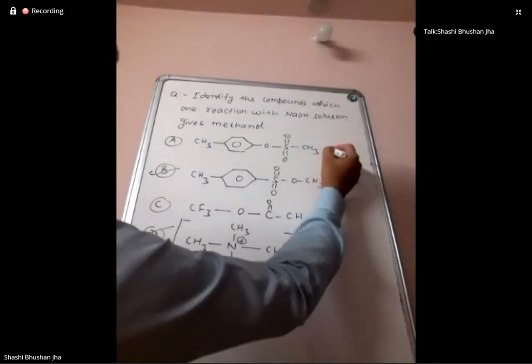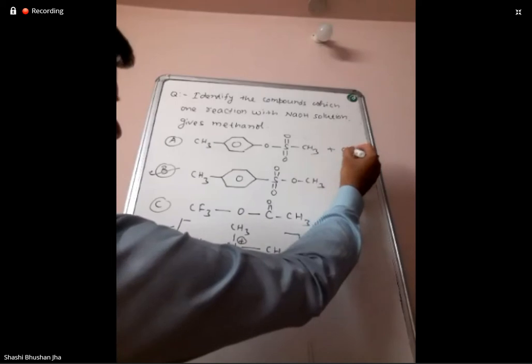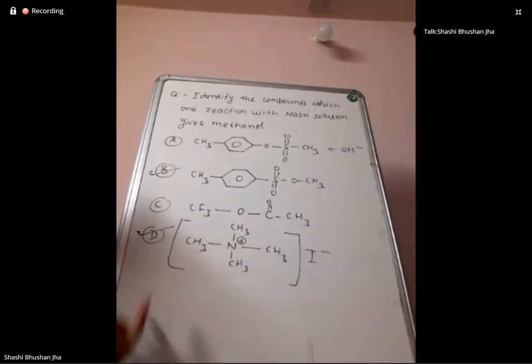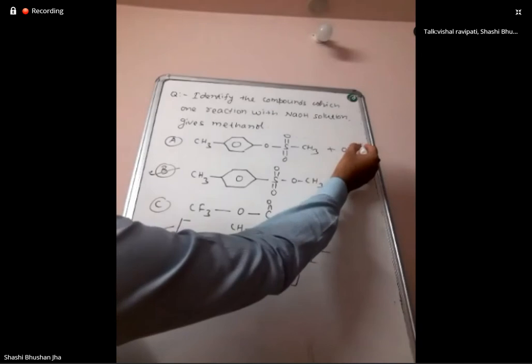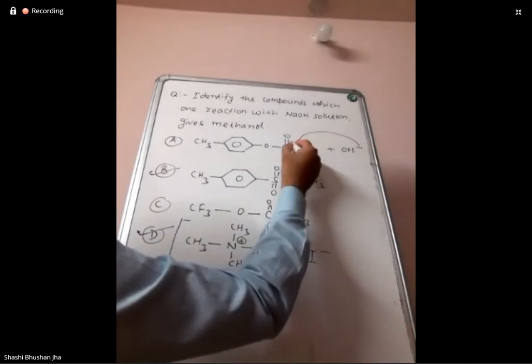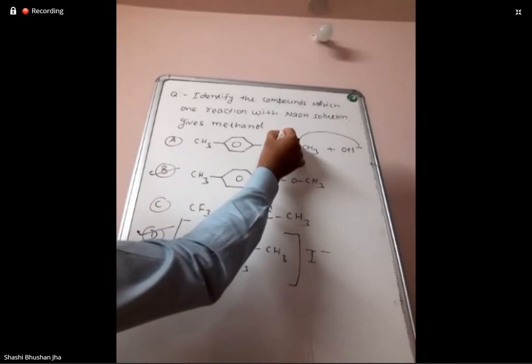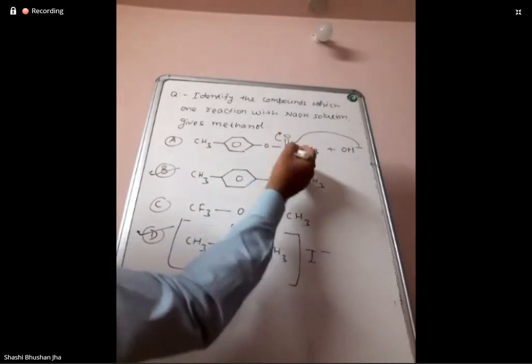See, if this compound is reacted with hydroxide, how will the reaction take place here? Where will that hydroxide attack? Sulfur. Then the pi bond will move to oxygen. Here negative charge will come.